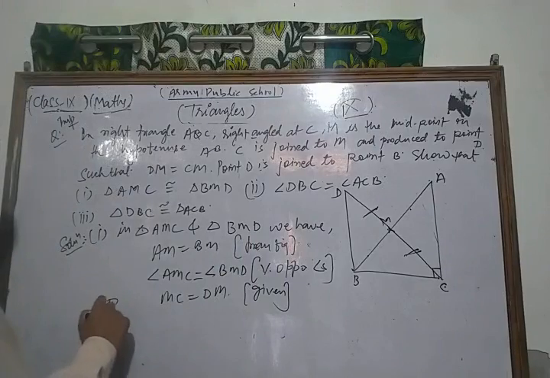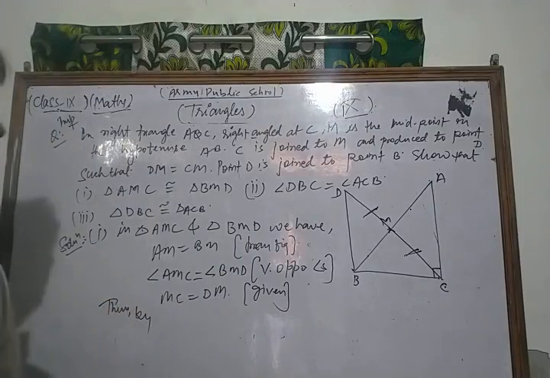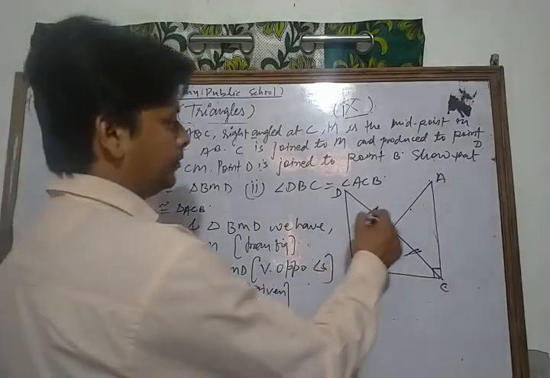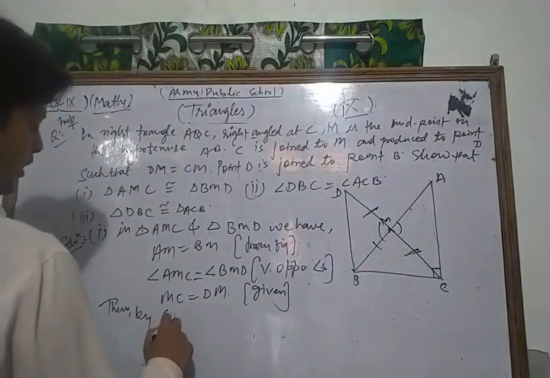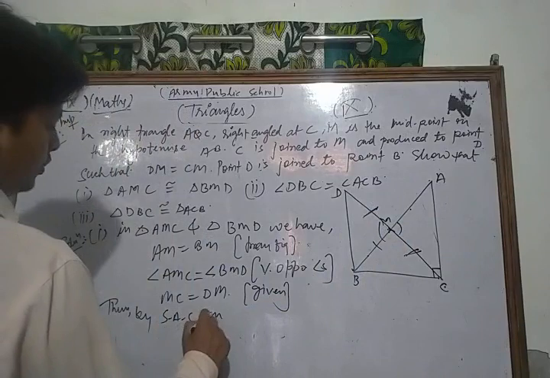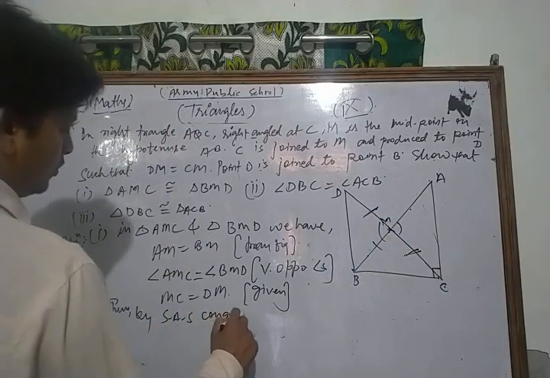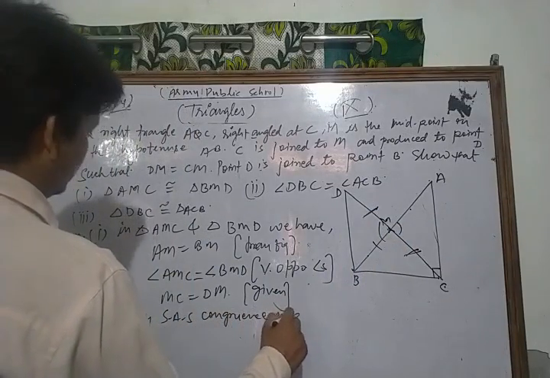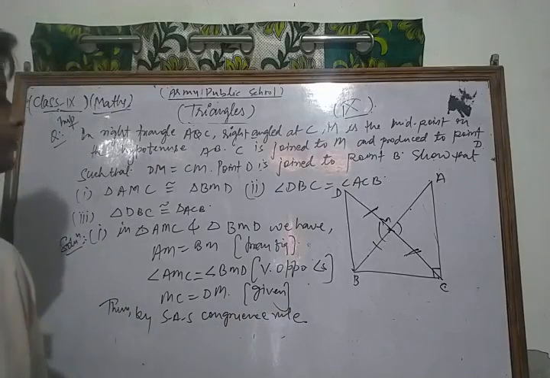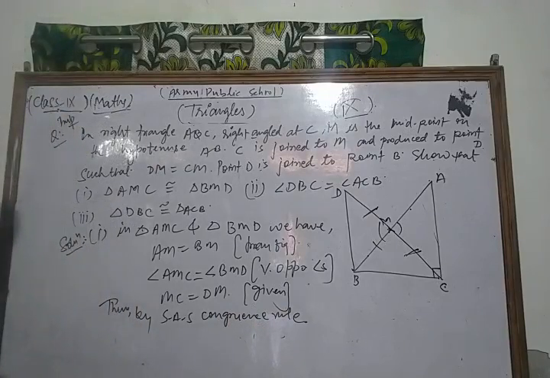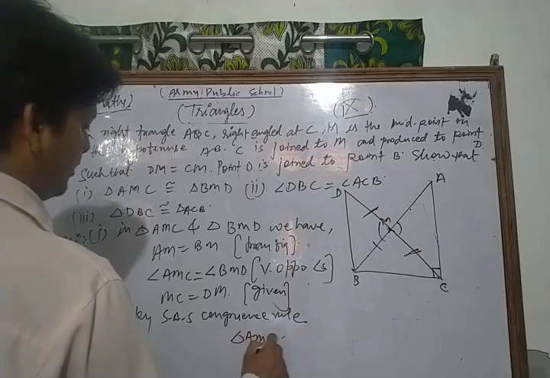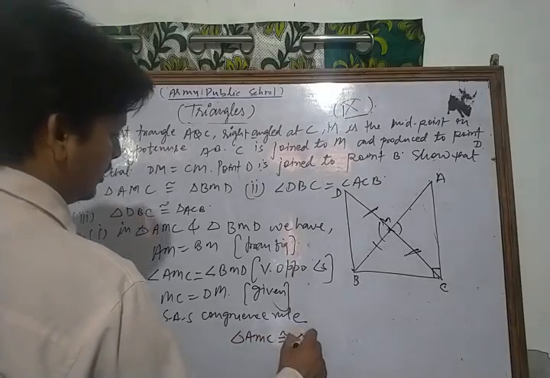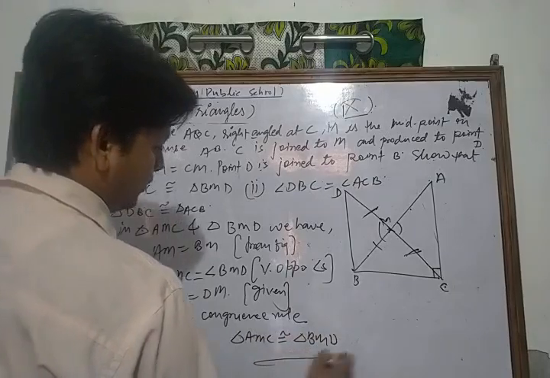Thus, by which congruence rule, dear students? Side, angle, side. Thus, by SAS congruence rule, we have triangle AMC congruent to triangle BMD. Hence proved.